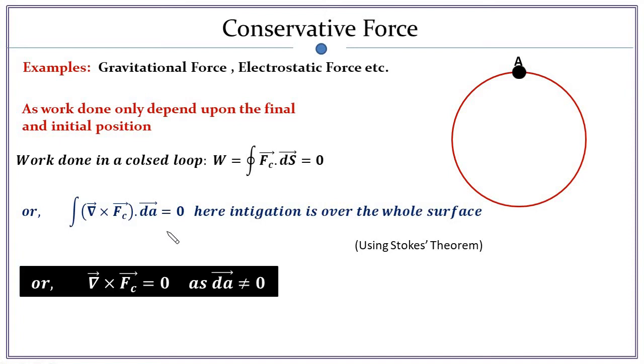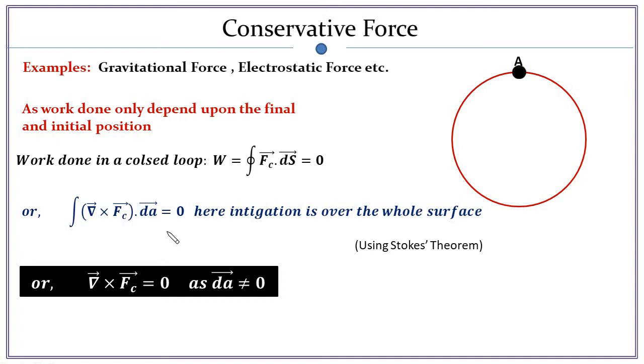Then what we will get? We will get the curl of Fc is equal to 0. Now from our vector knowledge, we know if the curl of any vector is 0, that vector is called irrotational. So from that point, we can say the conservative force is an irrotational vector field. So this is another important concept.